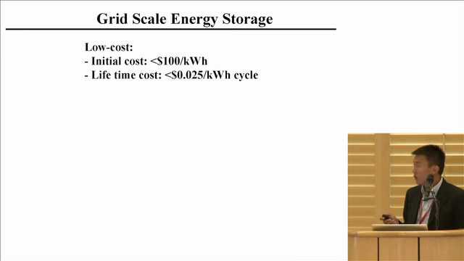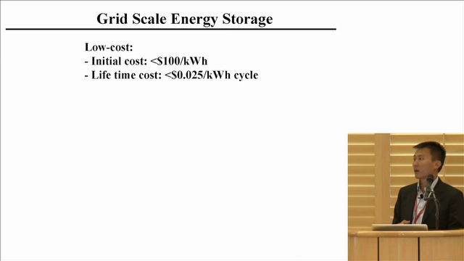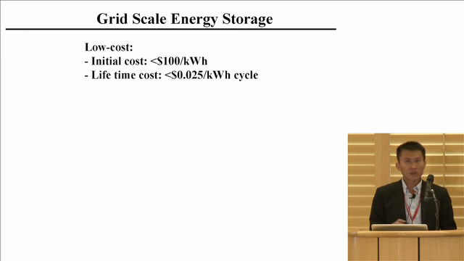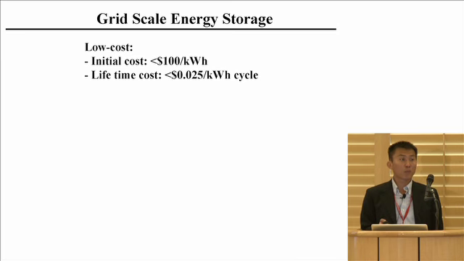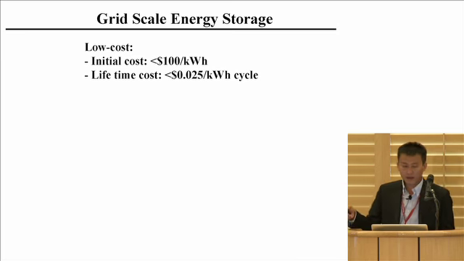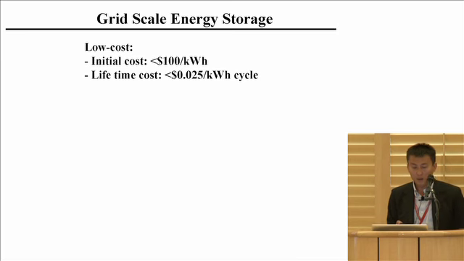A good initial cost target from DOE is $100 per kilowatt hour. You might be wondering, this is too expensive, since our electricity only costs maybe 10 cents per kilowatt hour. Why is this $100? That's because you have a battery with a capacity of kilowatt hours, and you can use it for many, many cycles. At the end, the second parameter you should look at is this: if you can get down to 2.5 cents per kilowatt hour per cycle, then this might become economic.